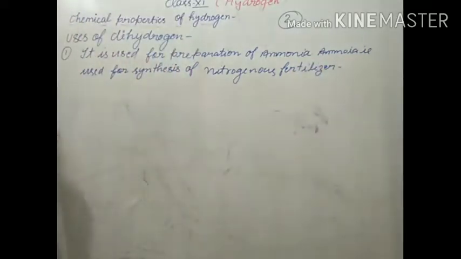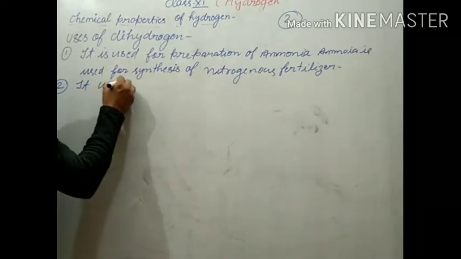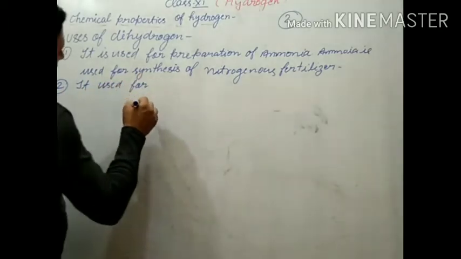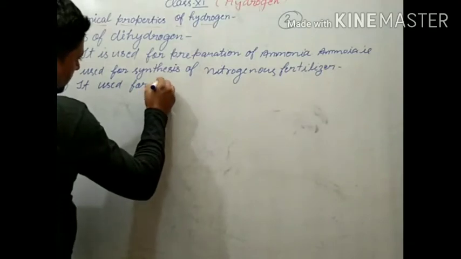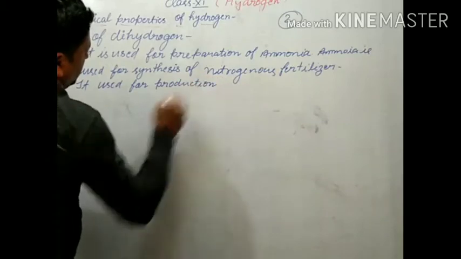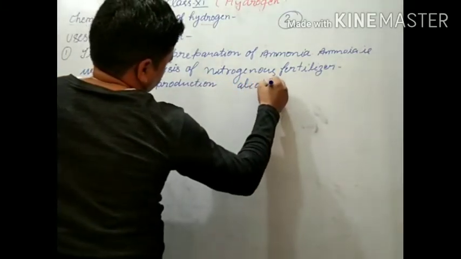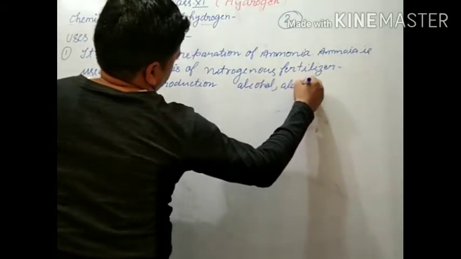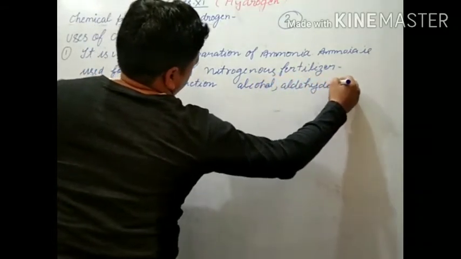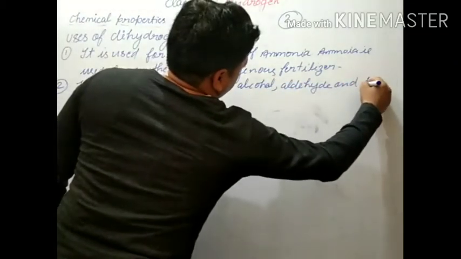Okay. Second point, B. See what is second, what we have studied. It is used for production of alcohol, aldehyde, and fat.